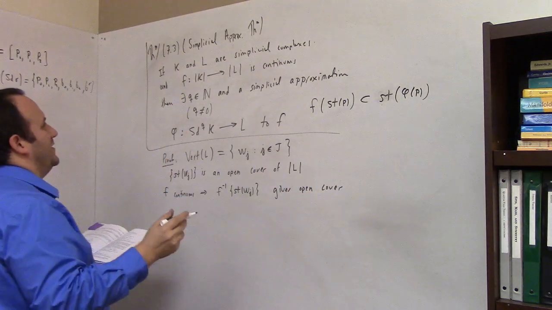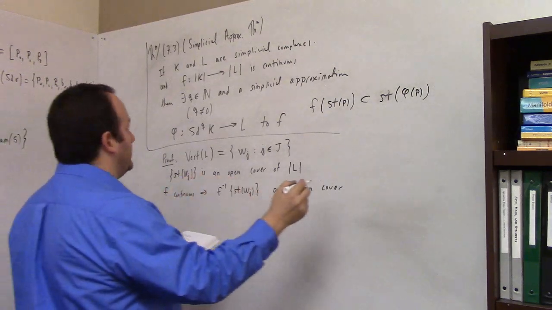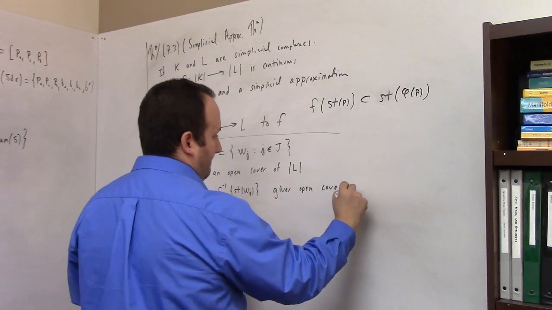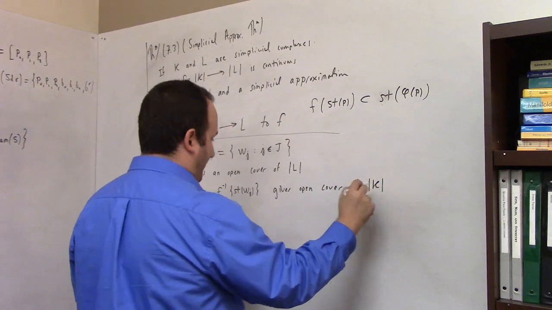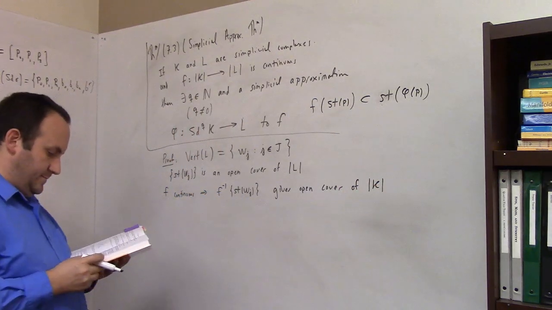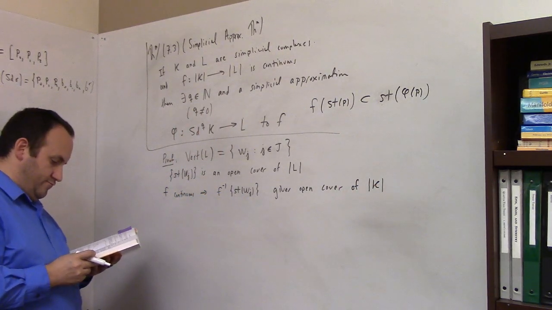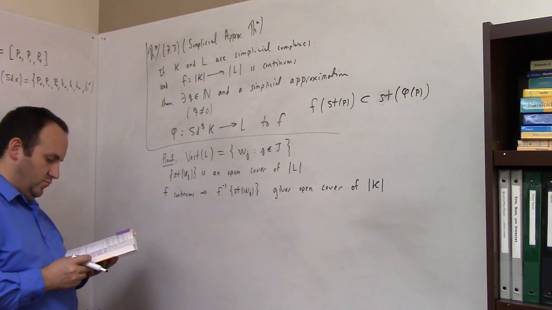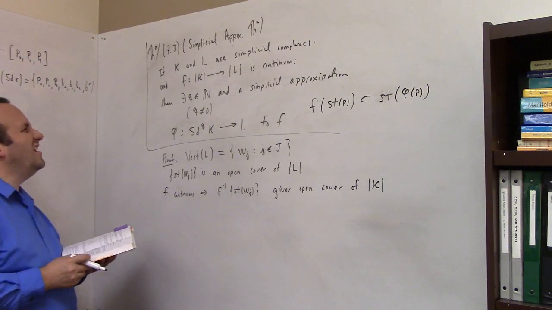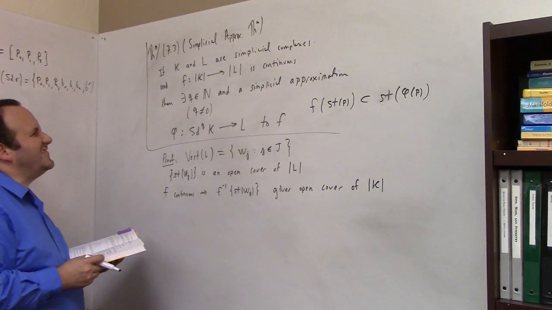F goes from the underlying set of K, right? Since K is compact metric, this is all Euclidean space, isn't it?